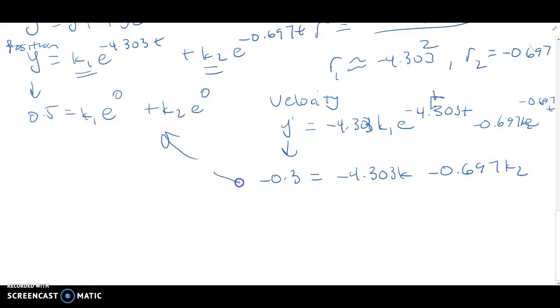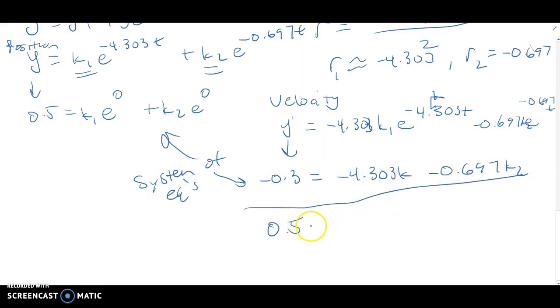That just means that I need to make sure that k1 and k2 satisfy both of them. So I'm going to write these down together. 0.5 needs to equal k1 plus k2, and negative 0.3 needs to equal negative 4.3, and I'm just going to round this off to the tenths place to make it easier, minus 0.7 k2. Now I need to solve this system.